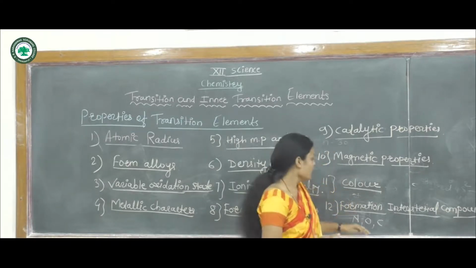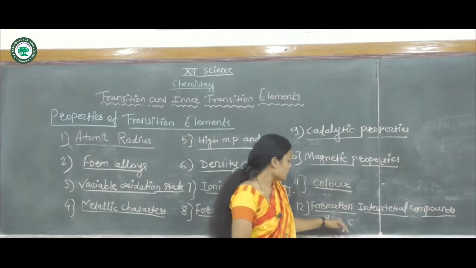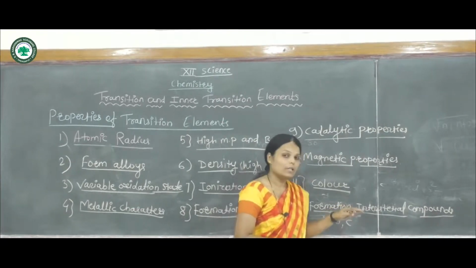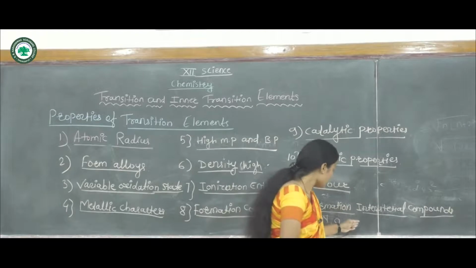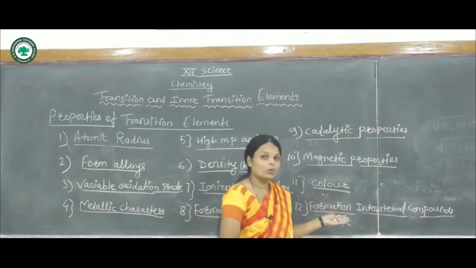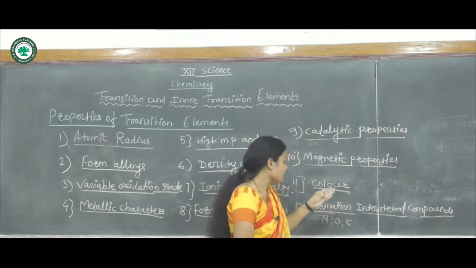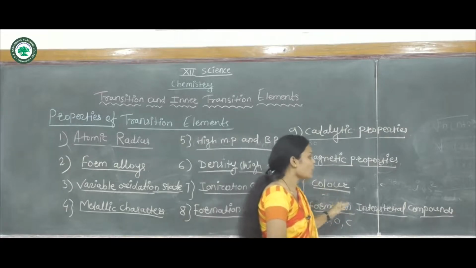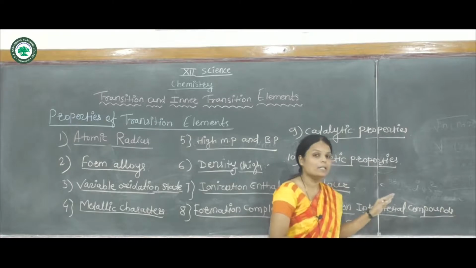The space can trap the nitrogen, oxygen and carbon, and that's why it can show the formation of interstitial compounds.